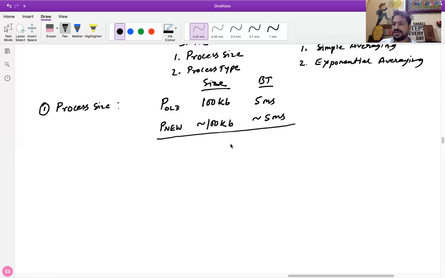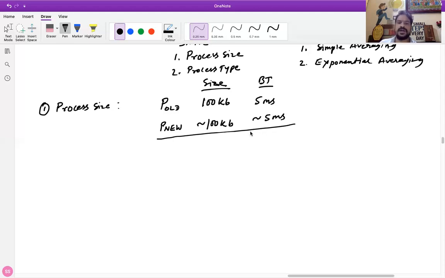The same thing is actually not correct. Why is it not correct? Because the size cannot give you the proper burst time. There are many other properties that can affect the burst time.